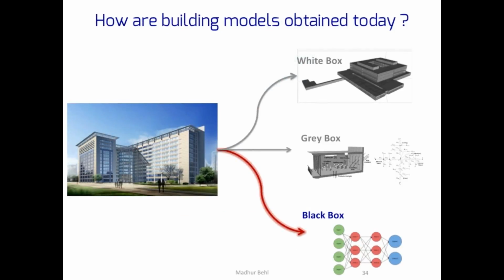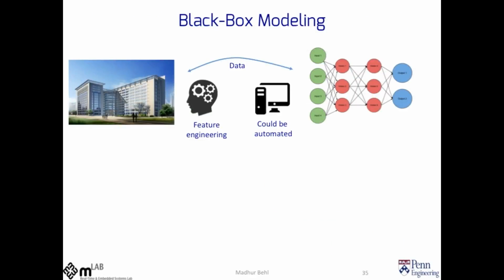So we turn to black box models, in which the idea is that we will just rely on data and not care about physics-based principles to learn a predictive model for the energy consumption of the building. And this approach has been looked at in quite some detail, partly because it alleviates some of the domain expertise and this process could be automated.